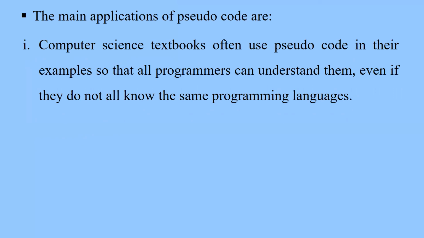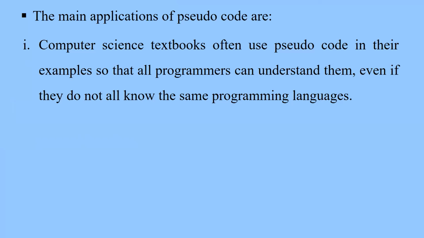The main applications of pseudocode are, number one, in computer science textbooks. Mostly pseudocode is used to illustrate various examples or case scenarios, because every programmer will understand the pseudocode, but not every programmer will understand the same programming language.